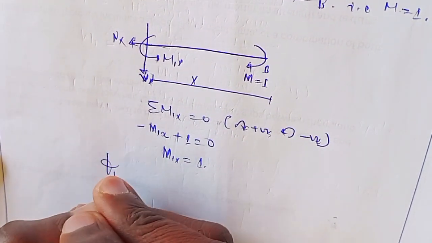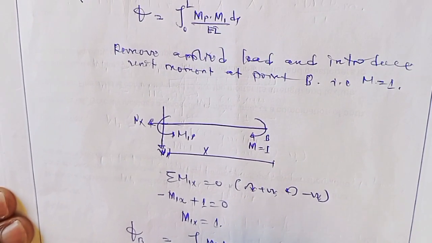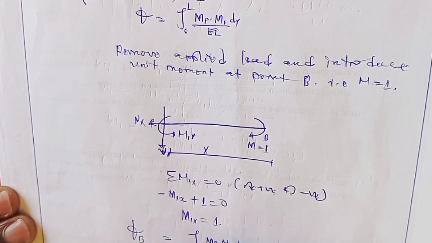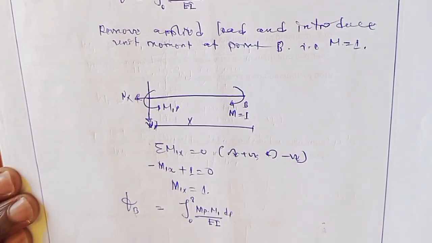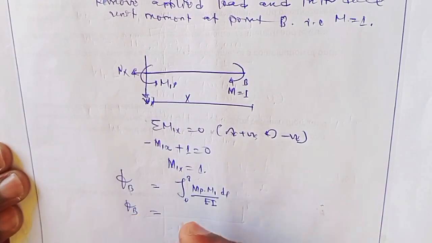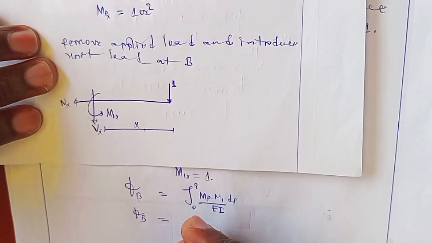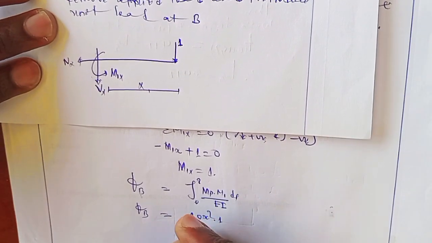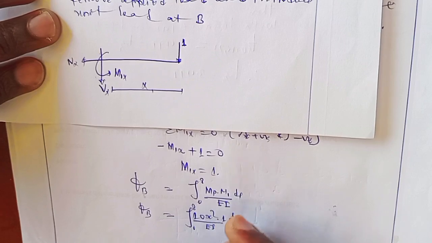Therefore, rotation at B is equal to the integral of the moment due to applied load times the moment due to unit load, dx over EI, from 0 to 8, which is the distance. So the rotation at B will be the moment due to applied load we have calculated here, which was 10x squared, times the moment due to unit load, which is 1, over EI from 0 to 8 dx.